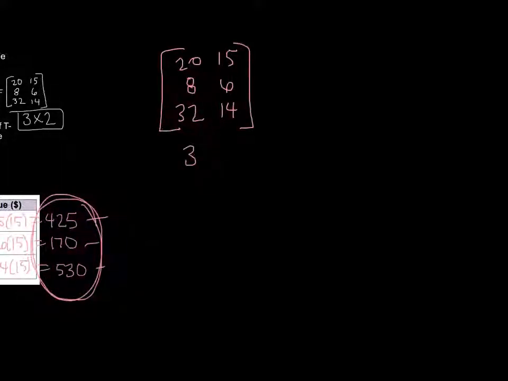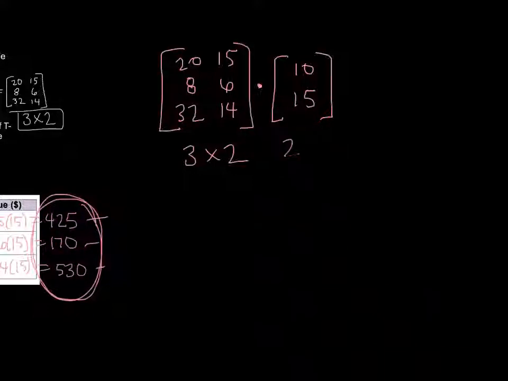Here's our 3x2 matrix. And we're multiplying that with our second matrix, which is B, which had 10 and 15 as the entries, and that's going to be a 2x1 matrix in dimensions.